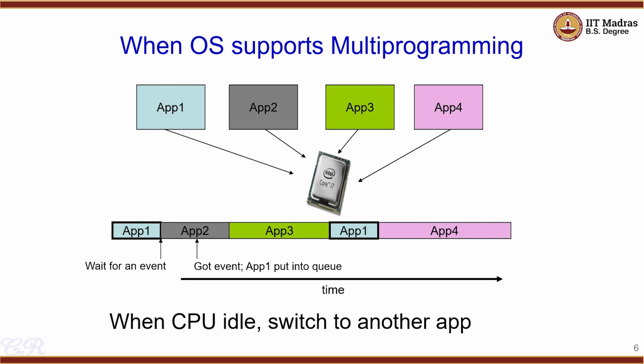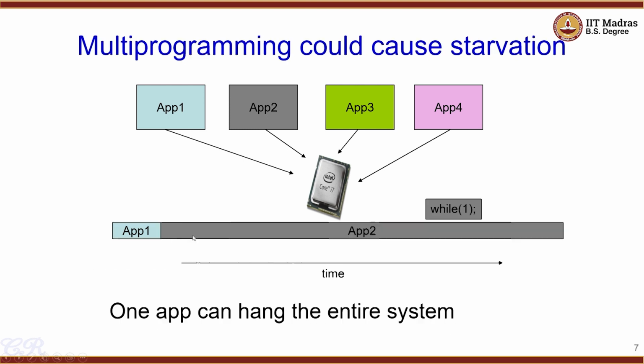Let's see another limitation of multiprogramming. Let's say within application 2, we have a statement such as while 1. For those of you who have worked with C, you know that while 1 is an infinite loop, and the processor is going to keep executing this loop infinitely.